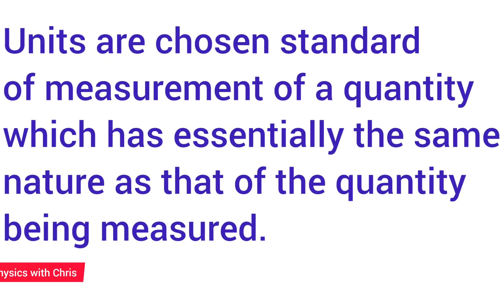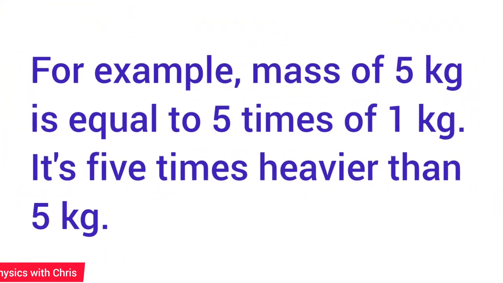Units are chosen standards of measurement of a physical quantity, which has essentially the same nature as the quantity being measured. For example, the unit of mass is the kilogram, and that of length is the meter. So when I say the mass of a body is 5 kilograms, this means the mass of that body is 5 times 1 kilogram.